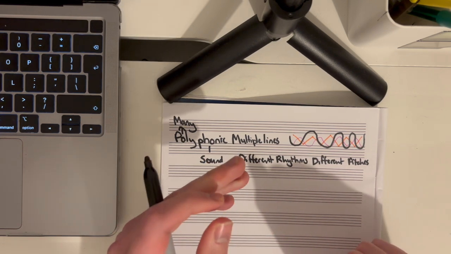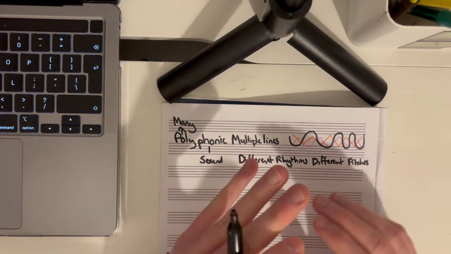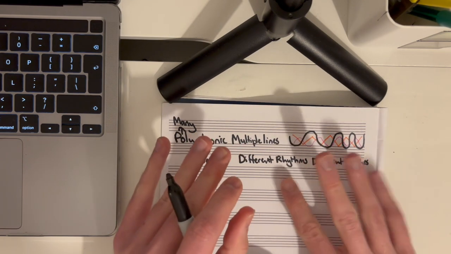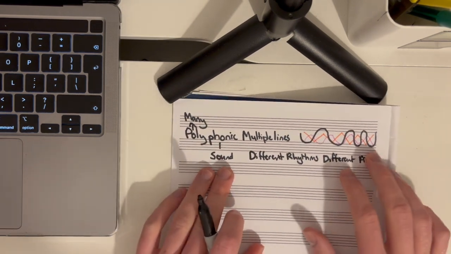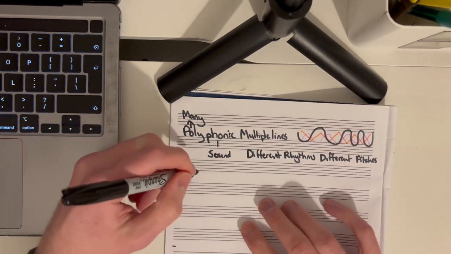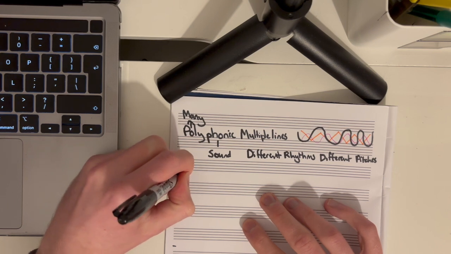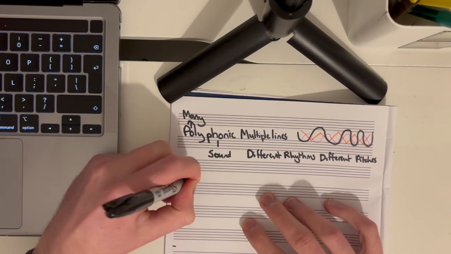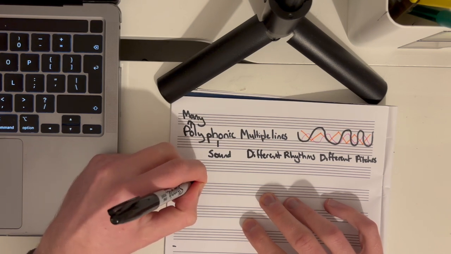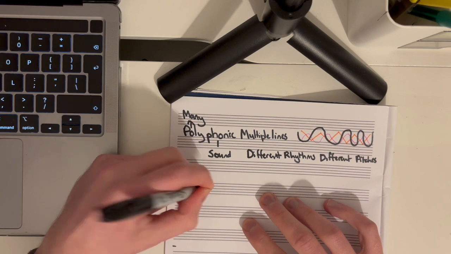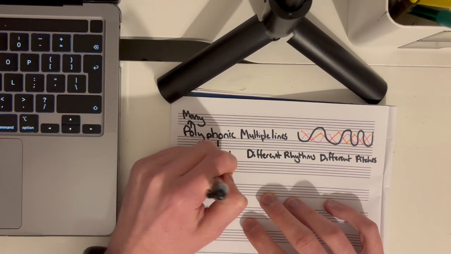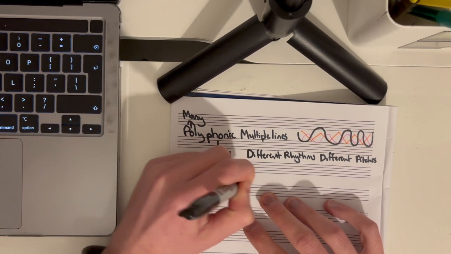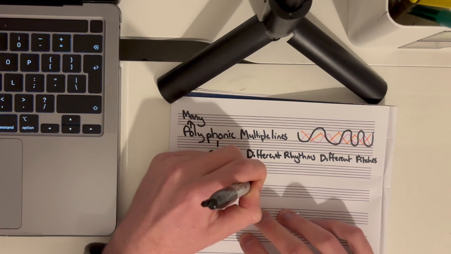The penultimate, I know I said 4, but I think I'm going to do 5 types of textures actually, is unison. And if we are unison, it just means the same, and it's the exact same.